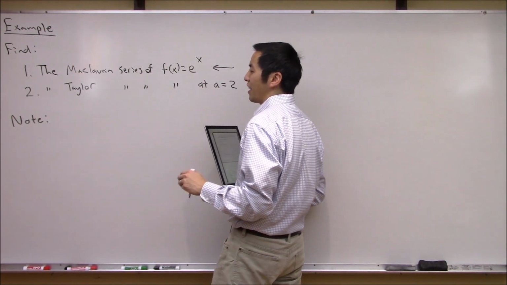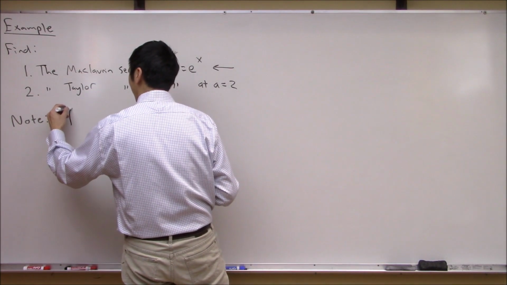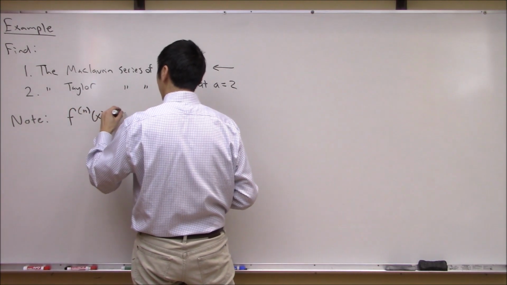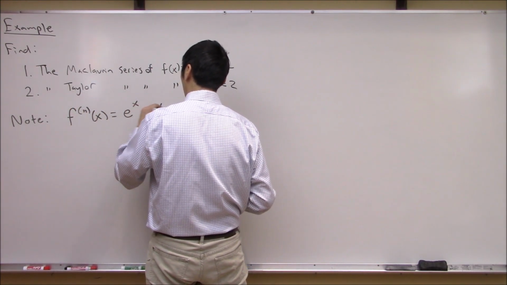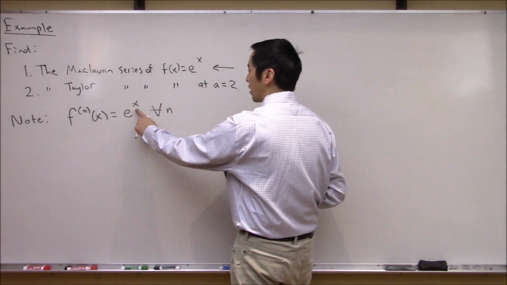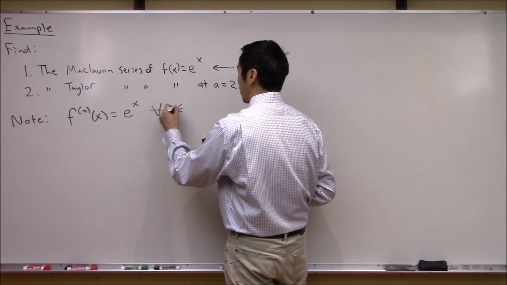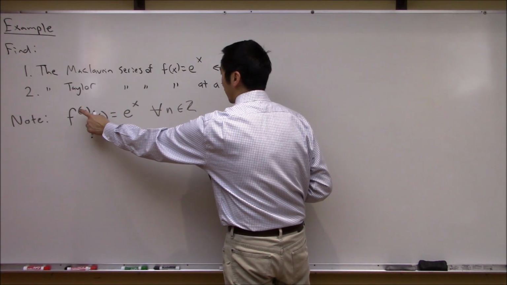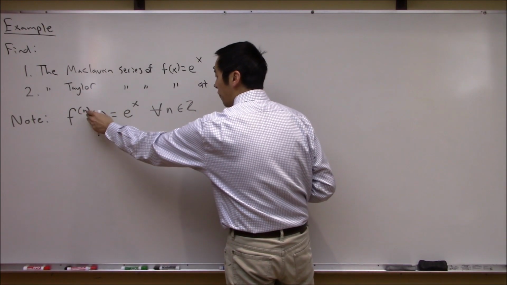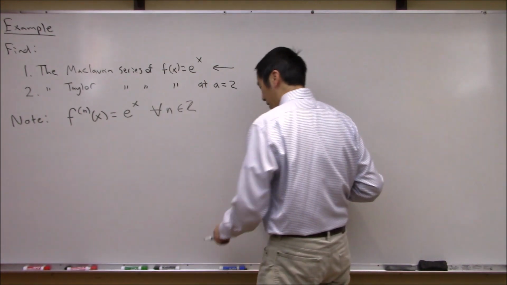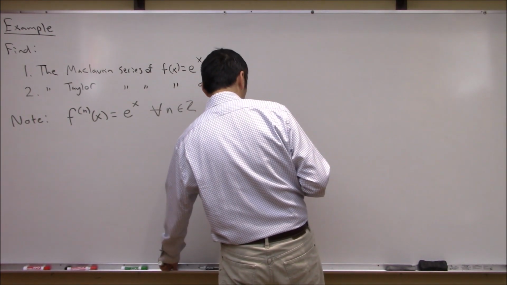One thing that's really nice about this function is that the nth derivative is just e to the x, for all n. If I take the first, second, third, fourth, fifth derivative, the infinite derivative, it's still e to the x. So that's going to make our life a little bit easier.